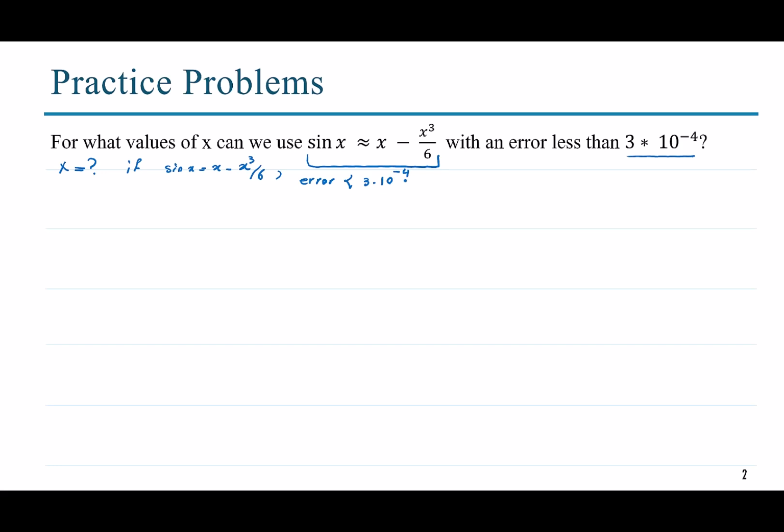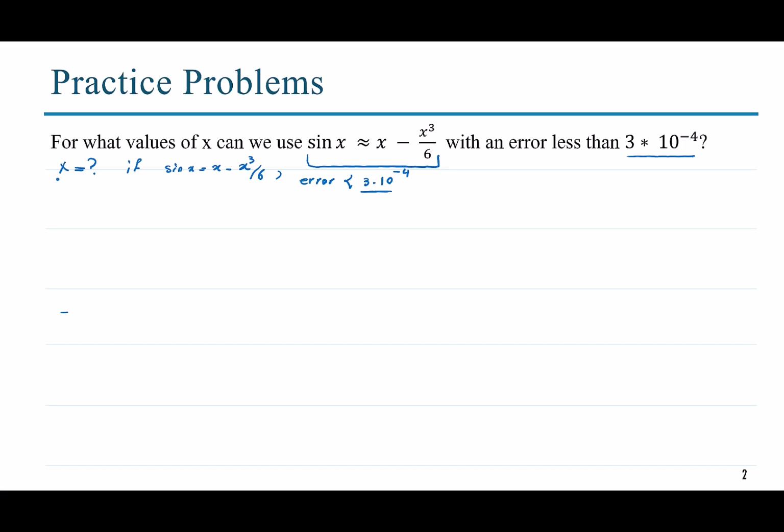So basically what I'm trying to do is find the error in terms of x, then I impose this limitation, this value on the error, and that gives me a range for my x.